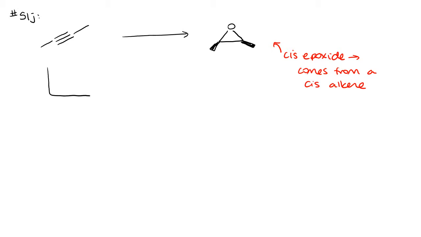The most common reagent is hydrogen gas with Lindlar's catalyst or some sort of poison catalyst. So that's specific to turning an alkyne into a cis alkene. Then we can go ahead and treat our cis alkene with a peroxy acid, such as MCPBA, to produce our cis epoxide.